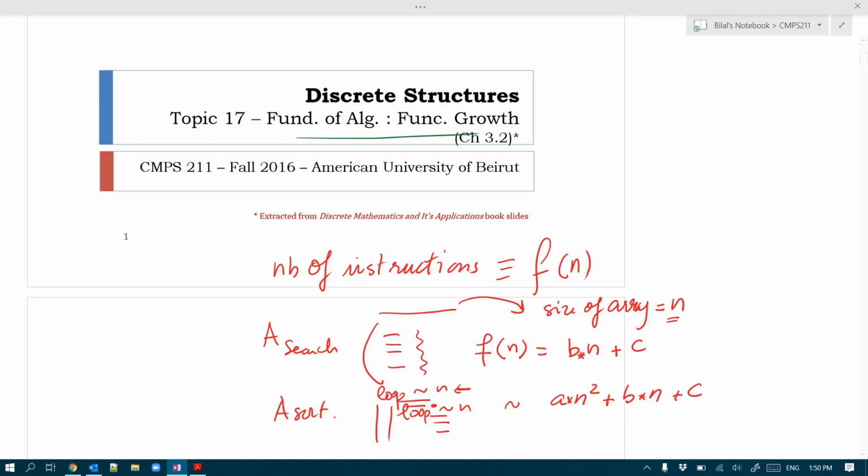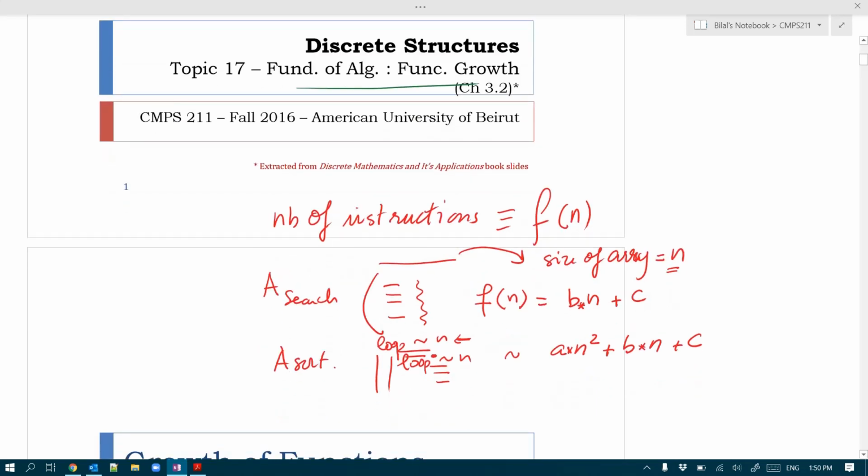So with this approach, we would be able to actually compare algorithms, even if they are doing different things, and talk about their time cost, and whether they are efficient or can be enhanced, and so on and so forth.